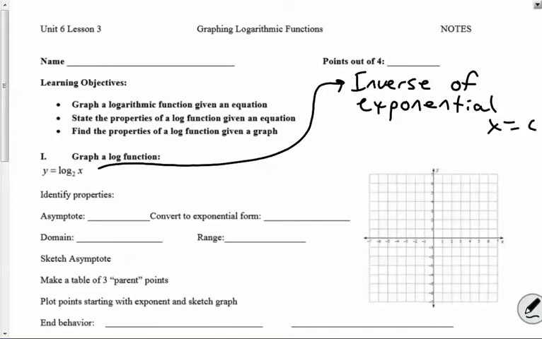So with inverses, x's and y's switch, right? X switches with y, y switches with x. So if the equation of an asymptote for an exponential function is x equals some number, the asymptote for a log function is going to be y equals some number. So it's going to be a vertical line. All right, so instead of a horizontal asymptote, it's a vertical asymptote.